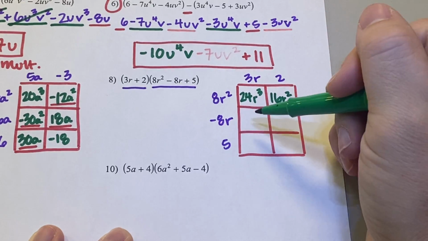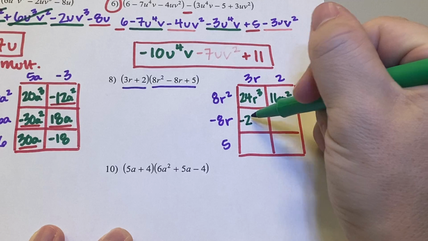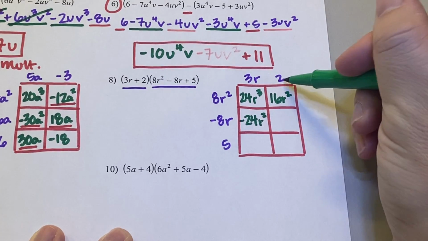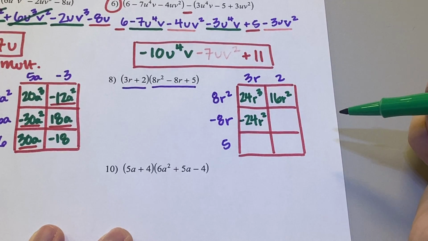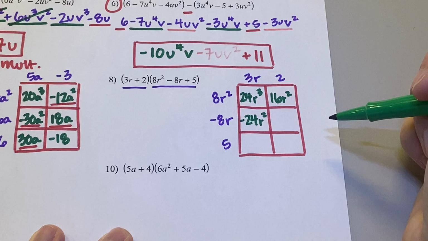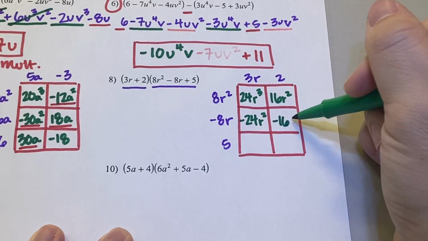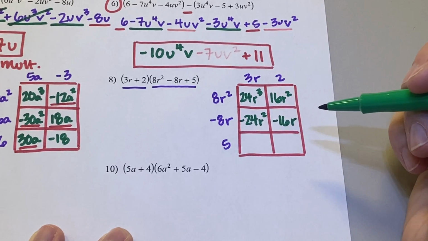3r times negative 8r. Negative 24r squared. Nice. Negative 24r squared, because of my 2 r's. 2 times negative 8r. Negative 16r. 3r times 5.